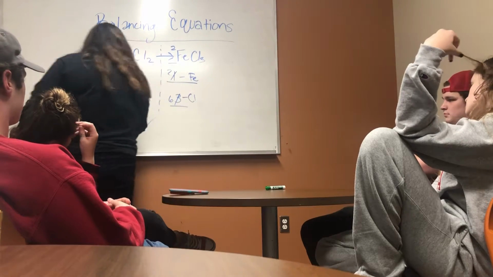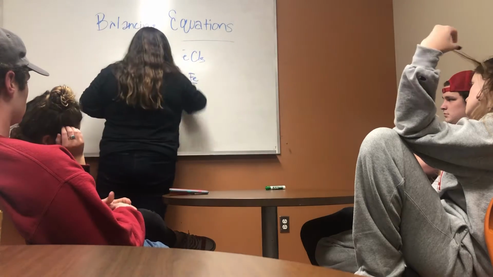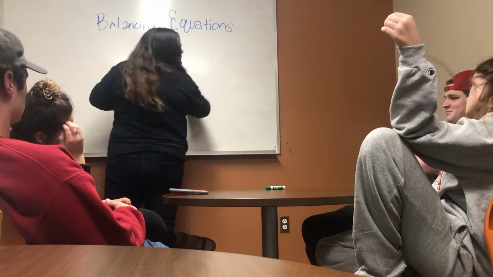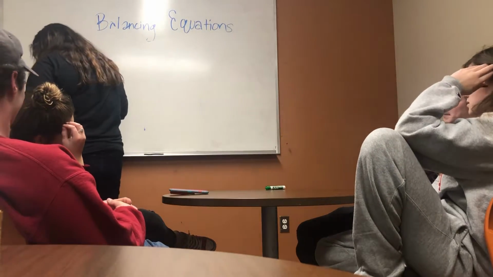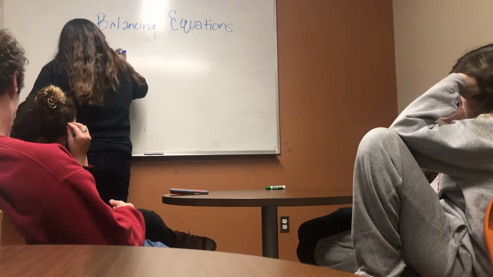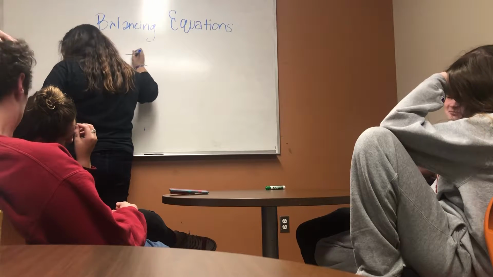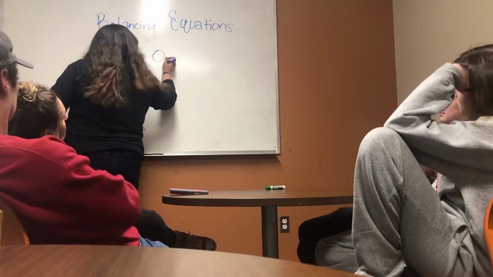We're going to do one more, just to explain it one more time. Does anyone feel comfortable doing it by themselves? No. Okay. So the next one we're going to do is Fe plus, what is O? Oxygen.